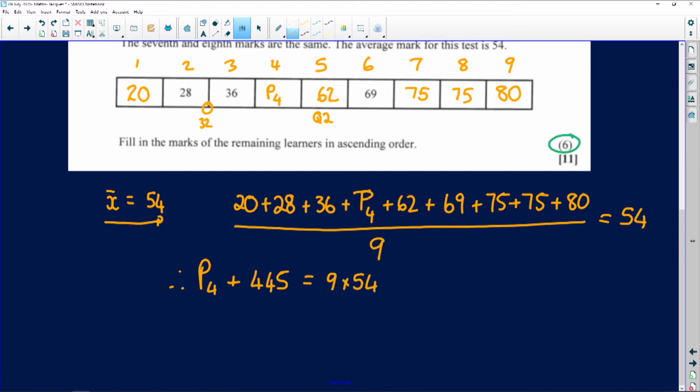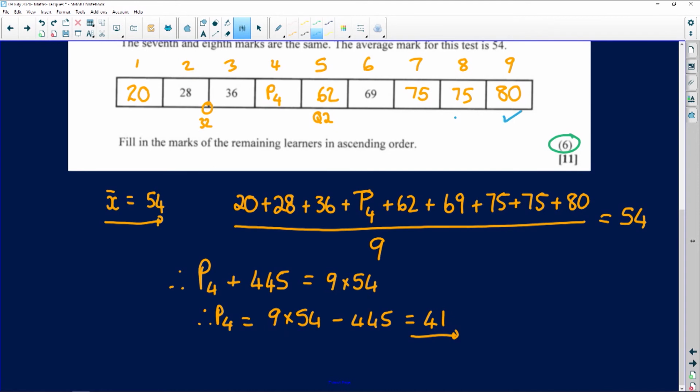Now remember, I'm adding here. So what do I get? I get that person 4 is 9 times 54 minus 445. Now again, that's calculator work, and you get 41, or 41 marks out of 80.